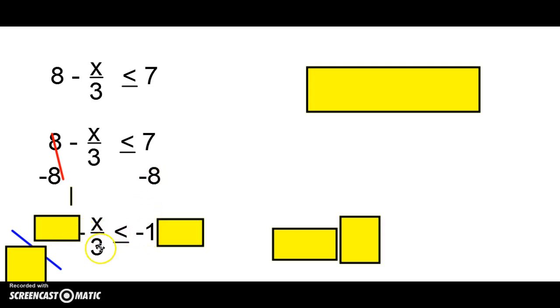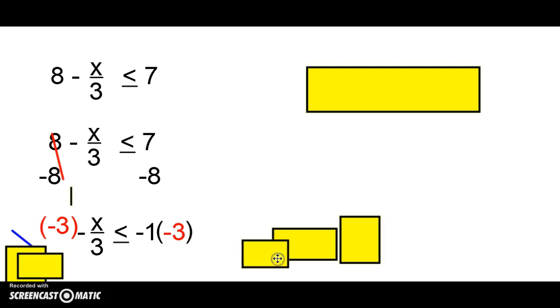And then here you think, oh, I want to get the x alone, and right now it's being divided by 3. So you multiply times 3. Oh, I'm sorry. Multiply times a negative 3 because there was a negative right outside here. Multiply times a negative 3, and you would flip the inequality and say x is greater than or equal to a positive 3.